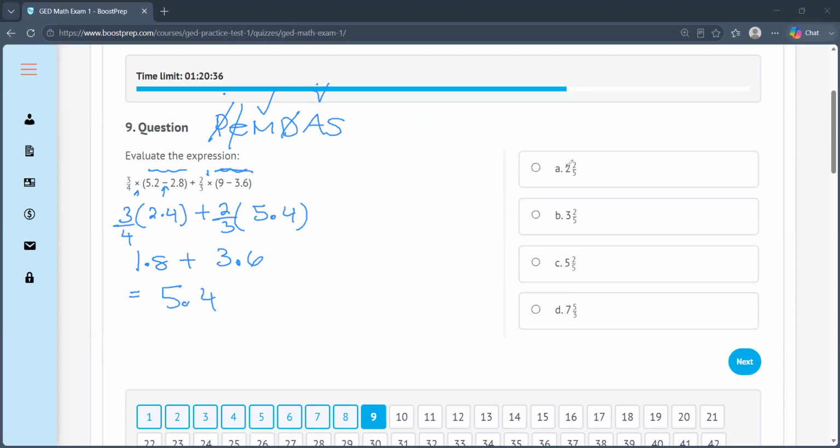So which one of these is 5.4? Obviously not A, not B, not D. And now they use a fraction. Because I used a calculator, did you know 2/5 is the same thing as 0.4? So 5.4 is exactly the same thing as 5 and 2/5 as a mixed number. Okay, so this is an order of operation.